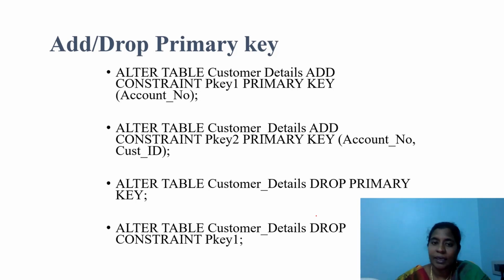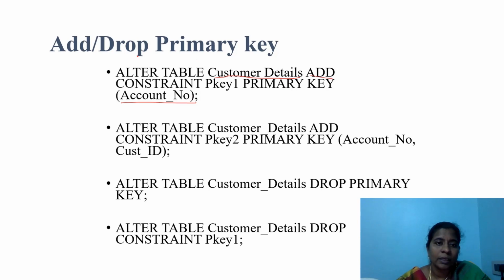Assume that you have already created a table called customer details and you forgot to add the constraint. So after creating the customer table, if you wanted to add a constraint, then use add, constraint name, primary key. Assume that while I'm creating the customer details table, I forgot to mention this account number as the primary key.